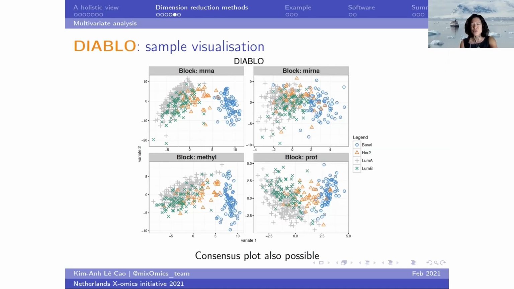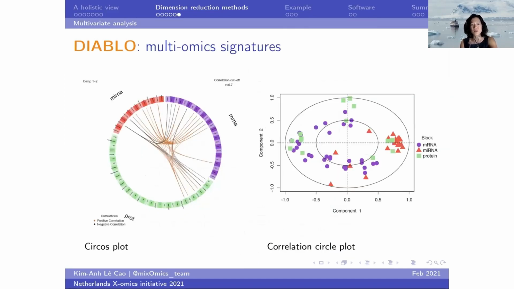And then I told you that you can also do feature selection. So we have created different types of plots. This is a circos plot. Basically it shows on the quadrant the mRNA that were selected by the method, the proteins that were selected by the method, and the microRNA. You have a line that is either black or brown to show the type of correlation, whether it's a positive or a negative correlation between those omics.